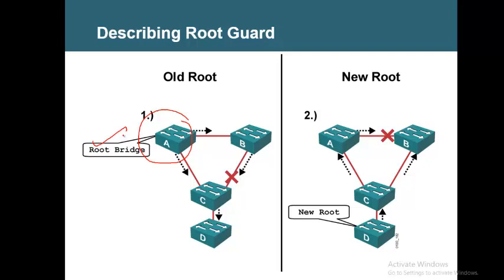For that, A should ignore that superior BPDU. So we enable root guard so that the BPDU that would win the root switch role will be ignored, and A will still continue as the root switch. So for that, what we need to do is say guard root on this port, guard root.